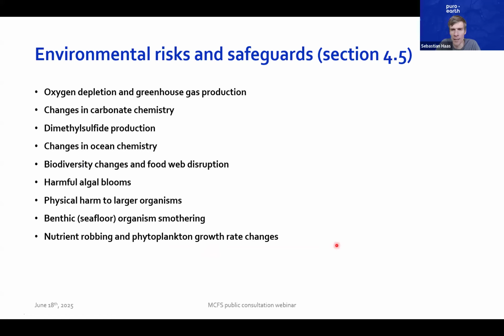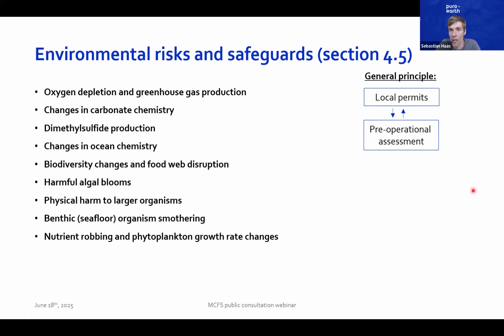So with all of these details, I want to end by giving a general principle that we try to follow in defining these environmental risks. Building blocks of this general principle are the adherence to local regulation and the acquiring of local permits, which inform the pre-operational assessment, which in turn will inform the operational design.